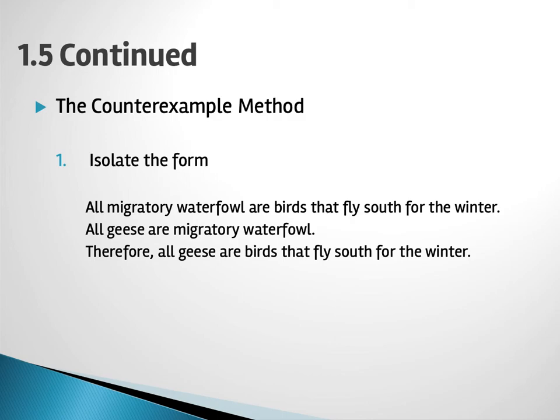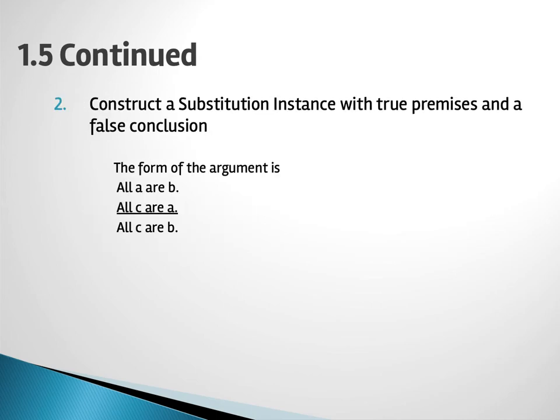So all C, we'll say C for geese, are migratory waterfowl, and we used A for that. So therefore, all geese, all Cs, are birds that fly south for the winter, and we used B for that. So we construct this form: all A are B, all C are A, all C are B.